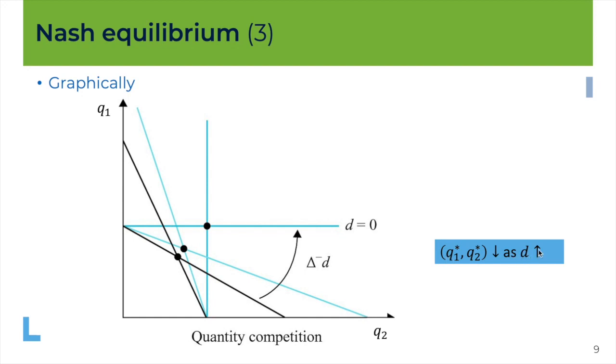If D increases, so if we move in this direction, the equilibrium quantities decrease. So when the products become more substitutable, when they are closer to one another, then the equilibrium involves a smaller quantity for both firms. There is more competitive pressure and that translates into lower quantities for each firm.